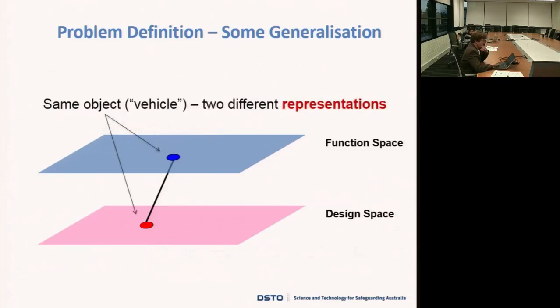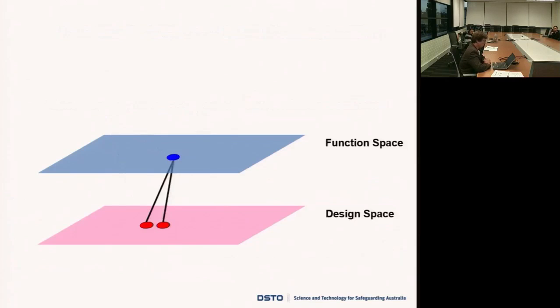Now, what you see here are two spaces, but in at least this abstract space with this dumbbell, you see represented the same entity, which is the same object. Now, why am I introducing this? It is actually a way of depicting some of those design principles. That's number one.